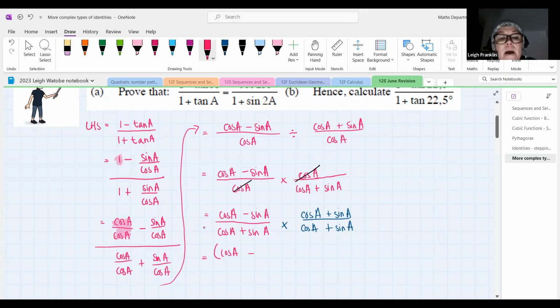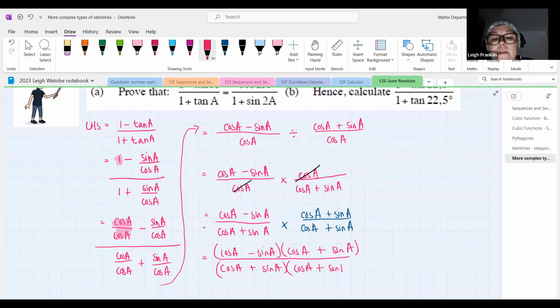cos A minus sine A multiplied by cos A plus sine A. And at the bottom, we've got cos A plus sine A multiplied by cos A plus sine A. All right, and again, I know you would be writing in your books. I'm just going to pop it up here.